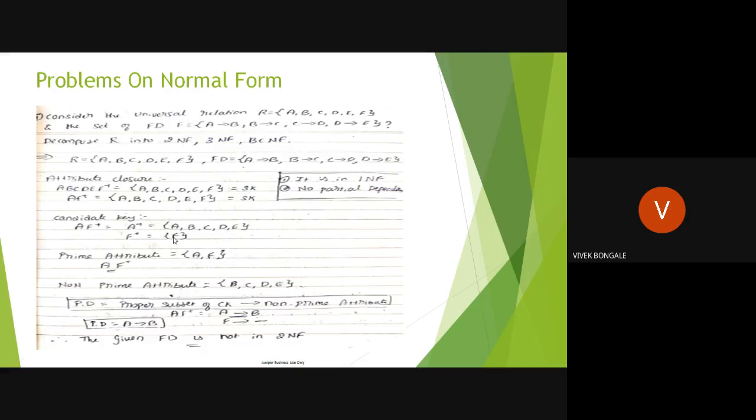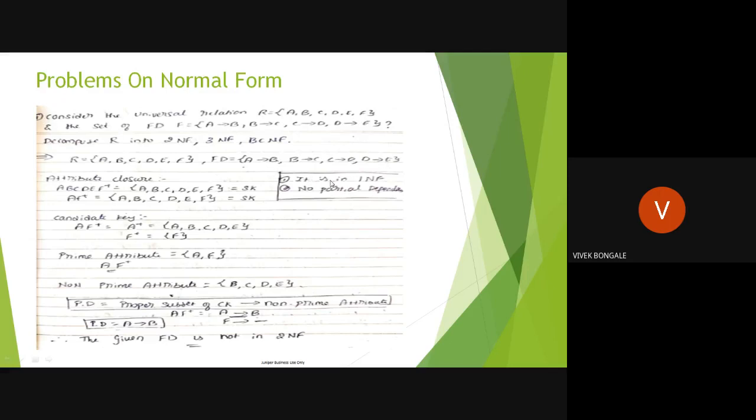Now next, we got one candidate key. With the help of that one candidate key, we are going to check whether other candidate keys are present in the given functional dependency. How to find out that one? Prime attributes, right? So what is the candidate key we got here? A and F. This value A is there at the right hand side in the given functional dependency.